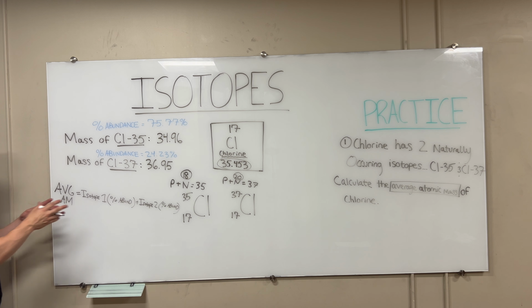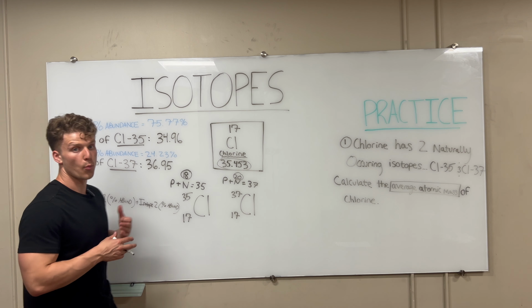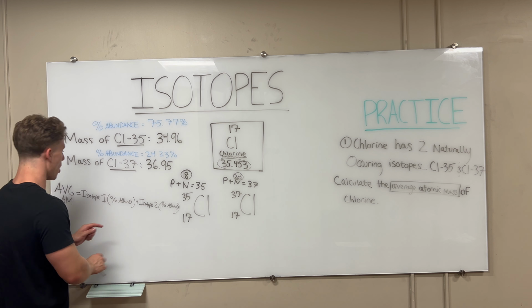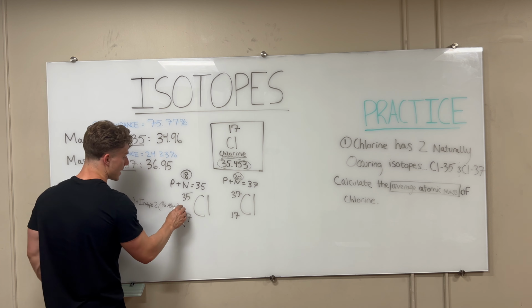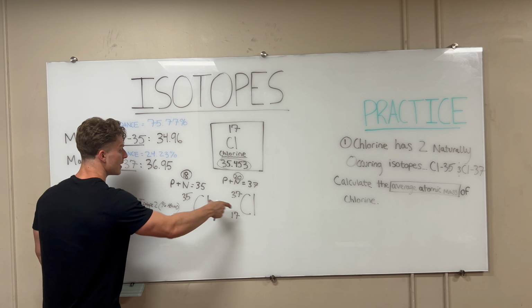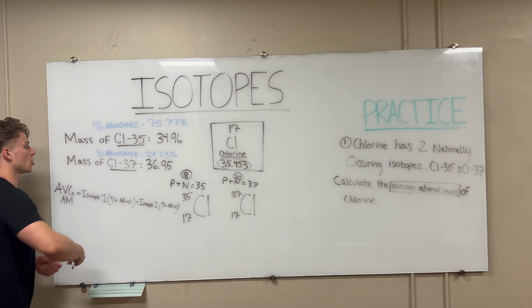Now, chlorine only has 2 isotopes. If we had an atom with more than 2 isotopes, we can continue on with this formula by continuing to add mass of isotope 3 times its percent abundance, and so on and so forth.